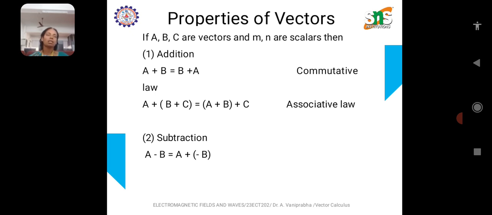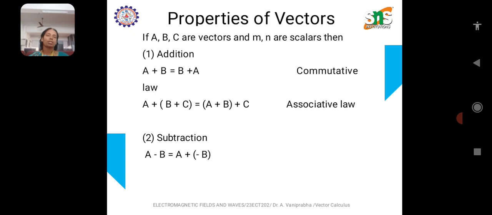It gives the similar value. Next is A plus B plus C is equal to A plus B plus C. This is associative law. This also emphasizes the same concept. Even though the order of the addition of the vectors is changed, the result is the same.